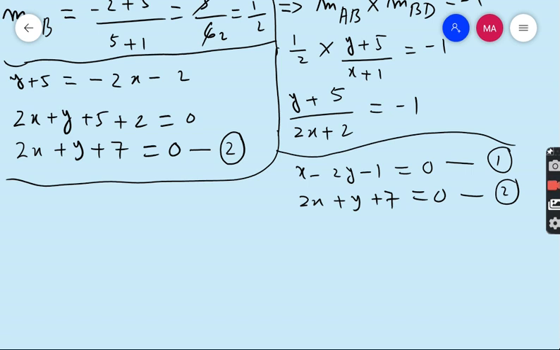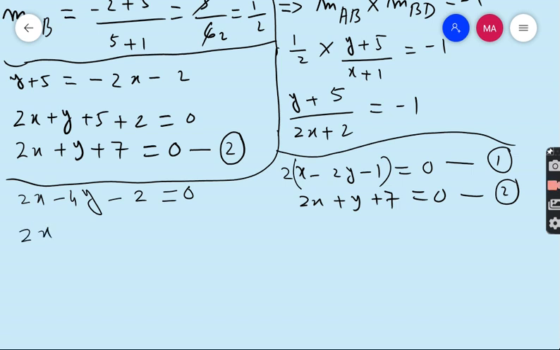I am applying the method of elimination. Multiply equation number 1 by 2. 2 into x, 2x, 2 twos are 4y, 2 ones are 2, is equal to 0.